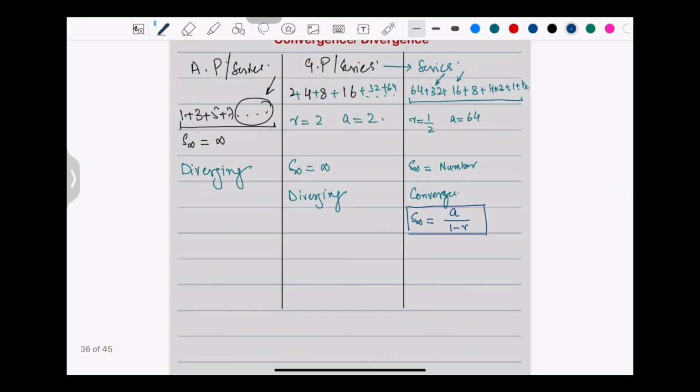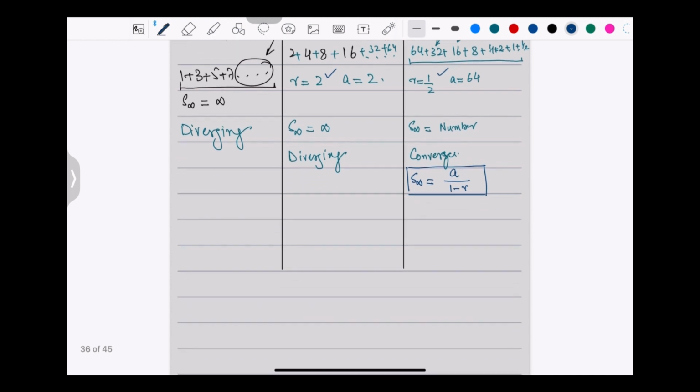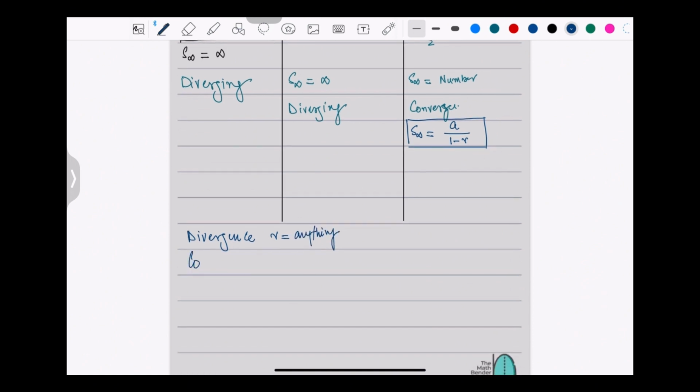So if we look at a geometric series, there are two types of patterns. One has a ratio bigger than 1 and one has a ratio lesser than 1 but bigger than 0. For divergence, r can be anything, but for convergence, this is what we need to know.